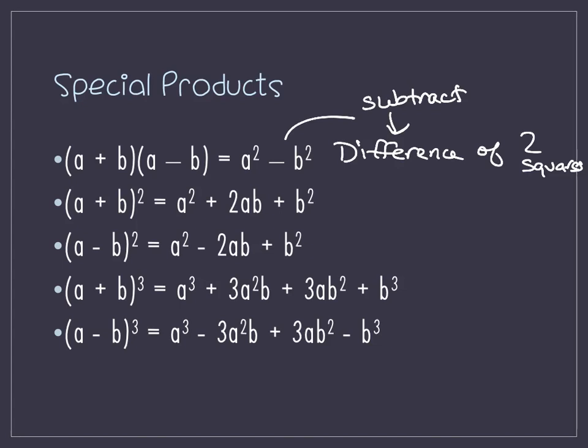There's no such thing as the sum of two squares. We're going to see that when we get to the factoring lesson. This is actually a binomial squared, both of these. And these are binomials cubed.